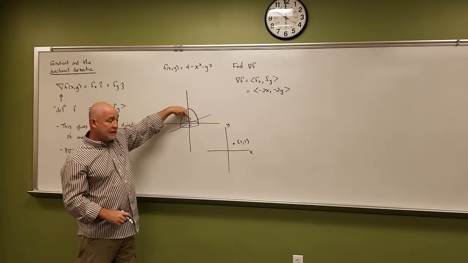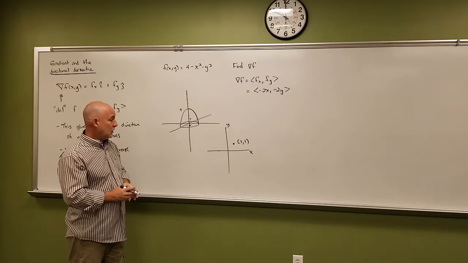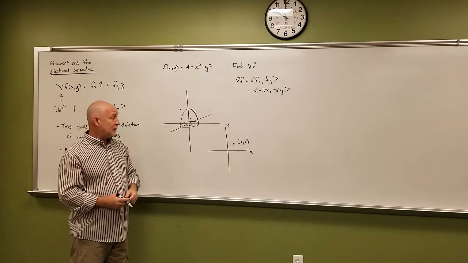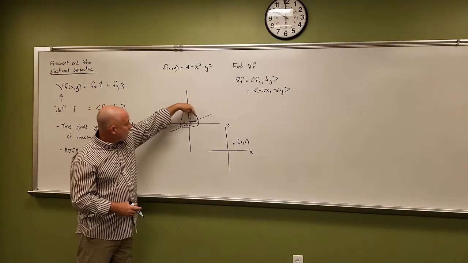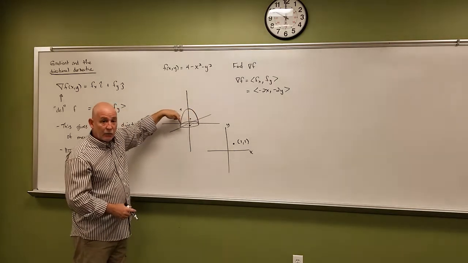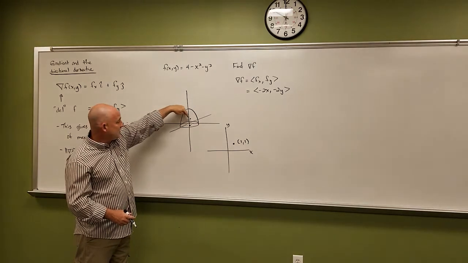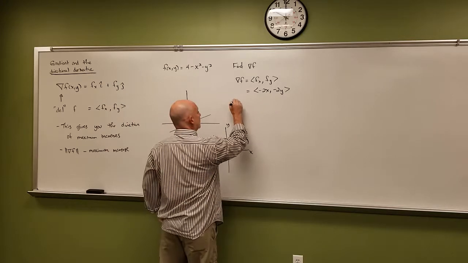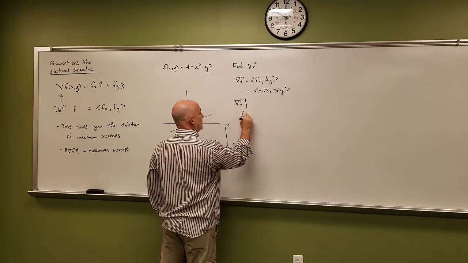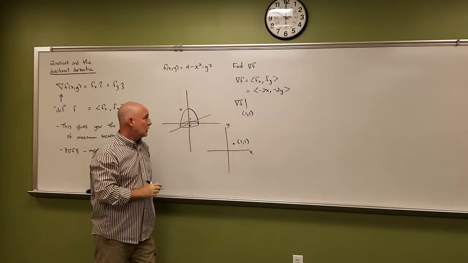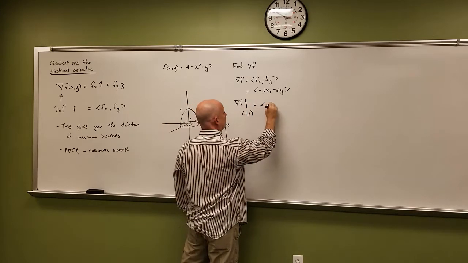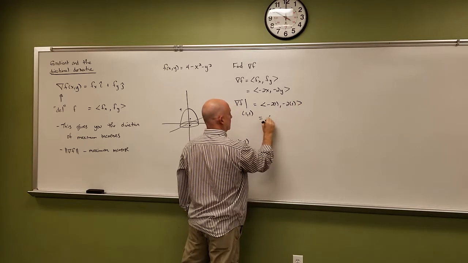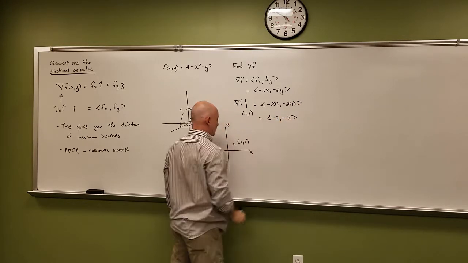So let's say you're standing on the side of this hill. What direction would you have to walk for it to be as steep as possible? We can think if you walk kind of left or right here, you'd kind of be walking around the hill. So to be the steepest, you'd have to walk directly up the hill. Well, notice here, if we take our gradient, del f, and we evaluate it at the point (1, 1), we'd end up with the vector (-2, -2).